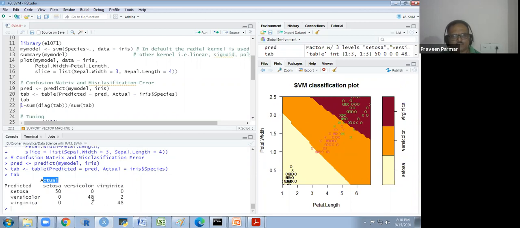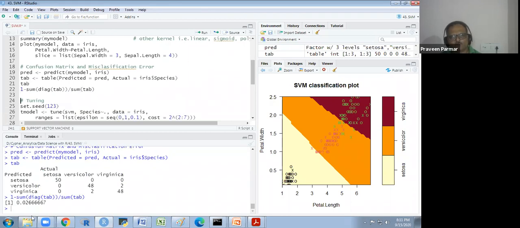You see there is some misclassification here, but everything is okay. Now I want to know the misclassification error, how much is there. So 1 minus the sum of the diagonal of tab divided by the sum of tab. So I get here the misclassification error is 2.6% in this model.